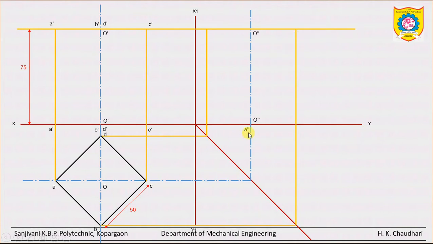Just label the points. Now see, on this center line there will be point A double dash, here B double dash, just see the respective projections and give the labels. Again it will be C double dash and D double dash. Similarly on the top face.